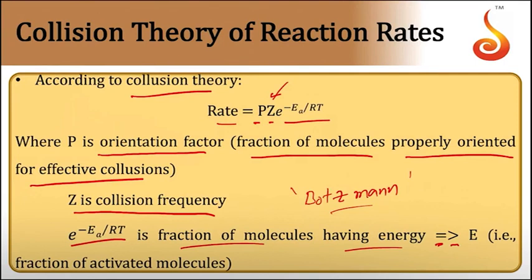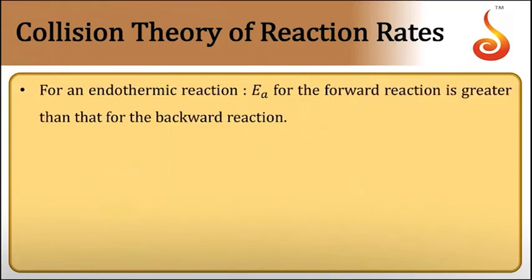So there are three things in collision theory: P, orientation factor; Z, collision frequency; and e to the power of minus Ea by RT, the fraction of molecules having energy equal to or more than Ea, which is nothing but the fraction of activated molecules. So then the reaction takes place. Now coming towards an endothermic reaction and exothermic reaction. For an endothermic reaction, the same graph you can take like this.